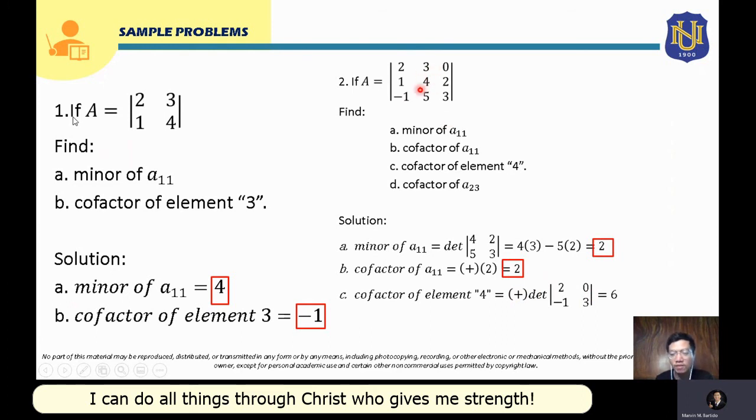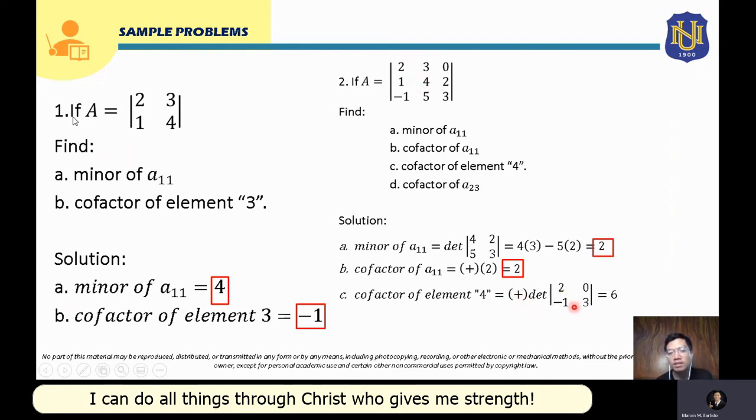The sign convention is positive, negative, positive, and going downward it should alternate. So it should be positive here. So the sign convention for element 4 is positive, so it will just be multiplied by positive.